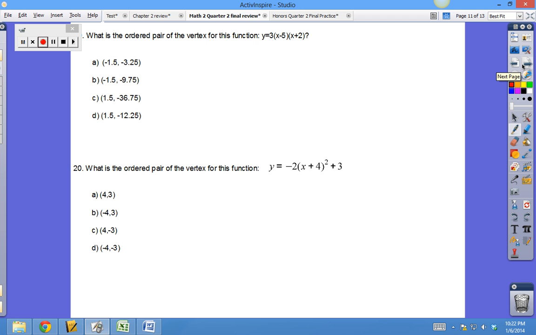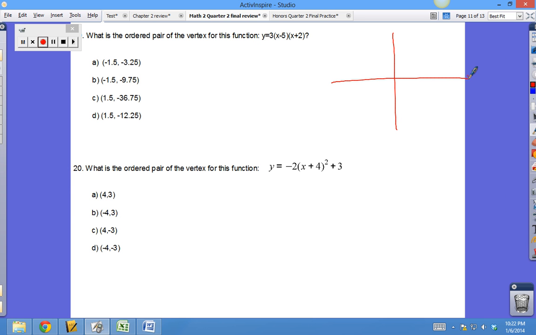Okay, let's look at these two problems. The first one, what is the vertex if they give it to you in factored form? So it's in factored form. Let's just see if we can graph it and figure out where that vertex is going to be. If it's in factored form, I'm after the zeros.